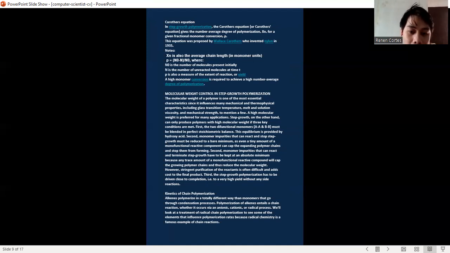Second, monomer impurities that can react in step growth must be reduced to a bare minimum, as even a tiny amount of a monofunctional reactive component can cap the growing polymer chains and stop them from forming. Monomer impurities that can react and terminate step growth have to be kept at an absolute minimum, because any trace amount of monofunctional reactive compound will cap the growing polymer chains and thus reduce the molecular weight.